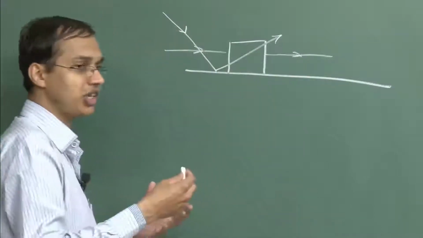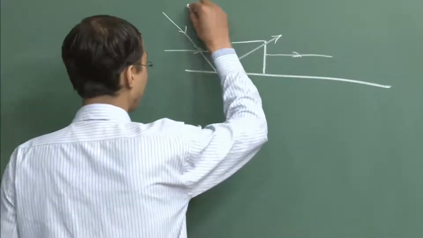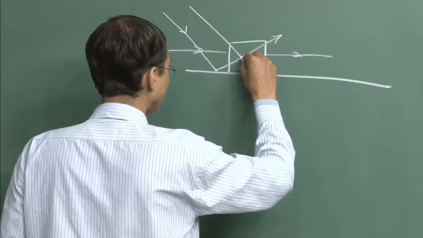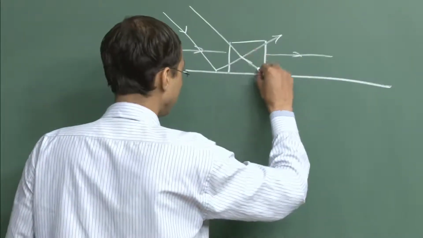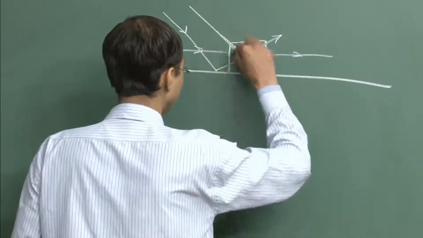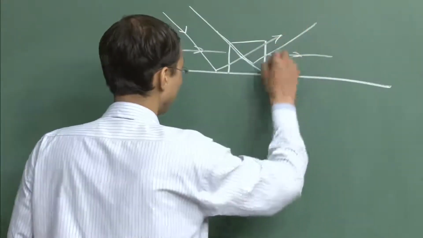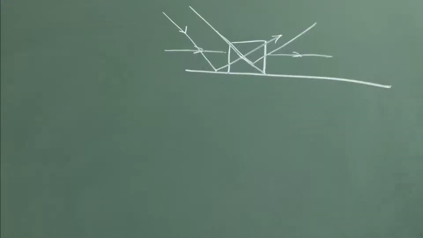And I hope you appreciate that there can be plenty of other options that can happen, like it can go like this, get reflected, okay, or rather, okay, I will just try to rub this off. I have made a mistake here.